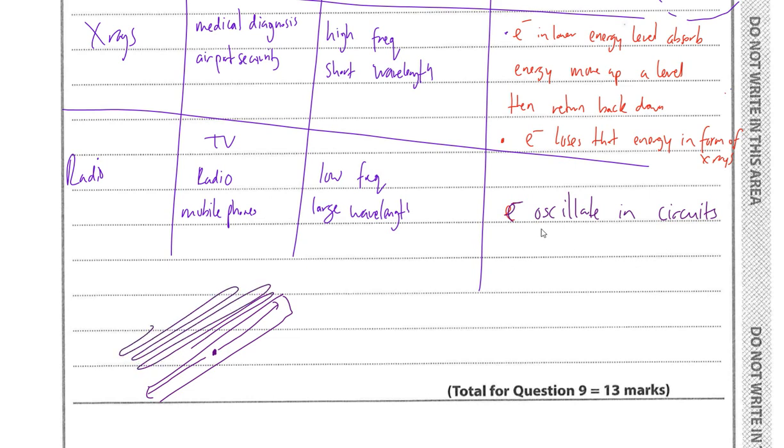So when it oscillates, we end up getting an AC current being generated. Because the electrons oscillate in the electric circuit, we have an AC current flowing in the antenna, and this generates the radio waves.